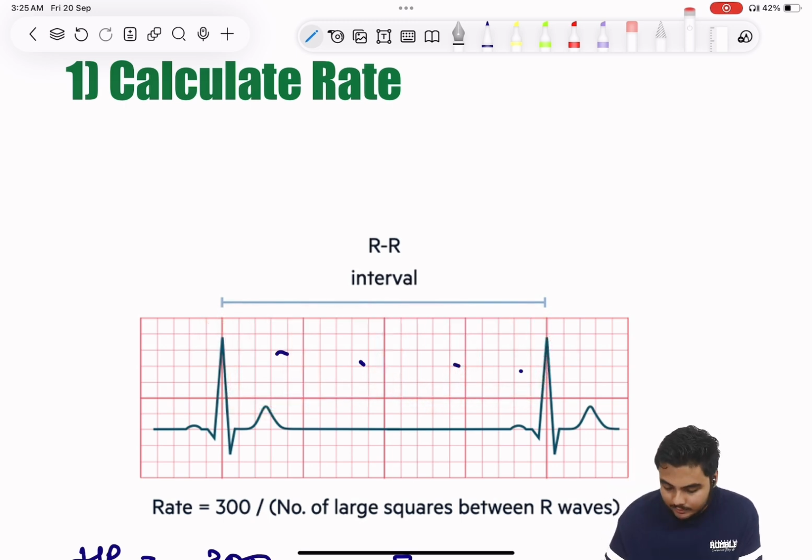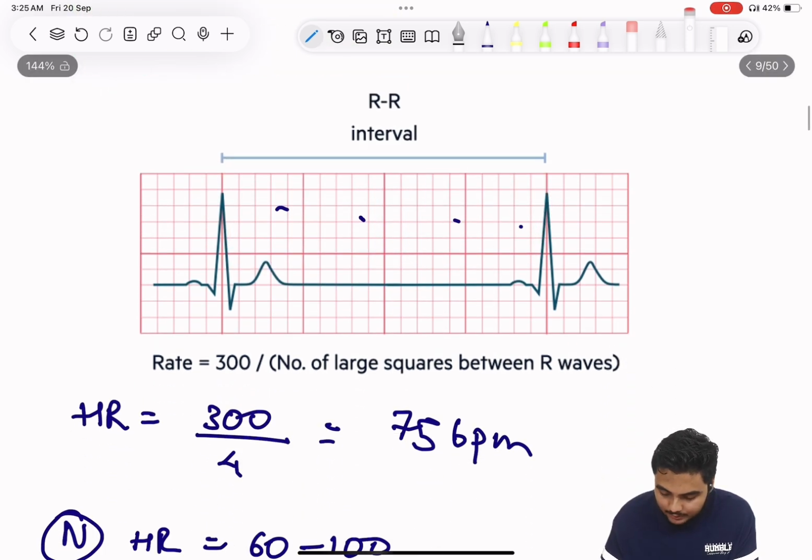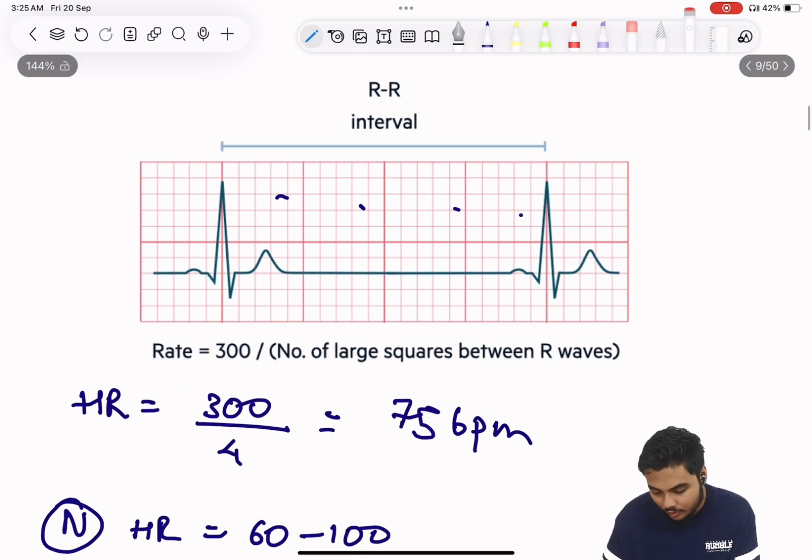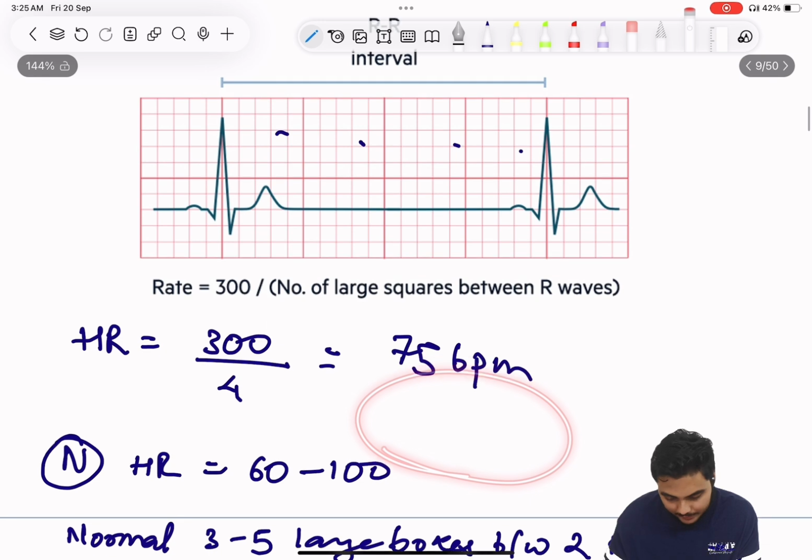The rate is 300 divided by the number of large squares between two R waves. Here the number of large squares is 4, so the heart rate comes to 300 divided by 4, which is approximately 75 beats per minute.